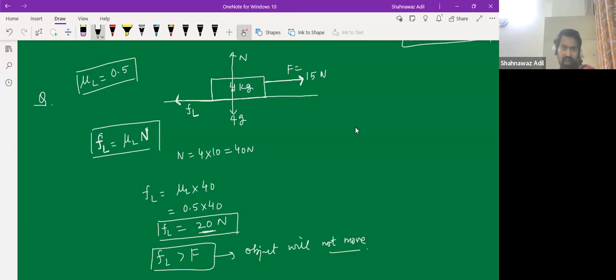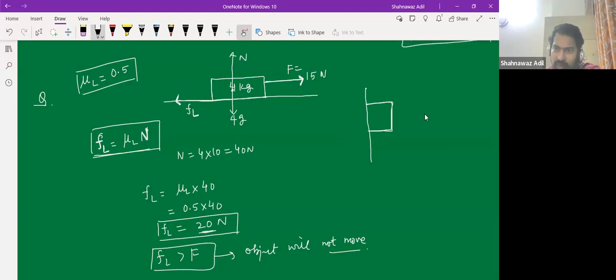Okay, so Elham, answer to your question. In this case, we saw that this normal reaction was dependent upon what? Mass, right? So in this case, we can say that this limiting friction is dependent upon the weight. But let's say that the object is placed in here.